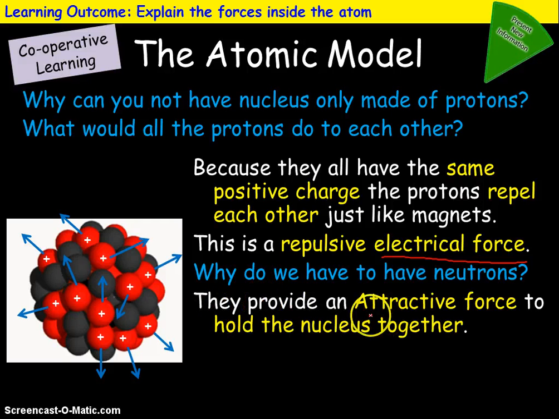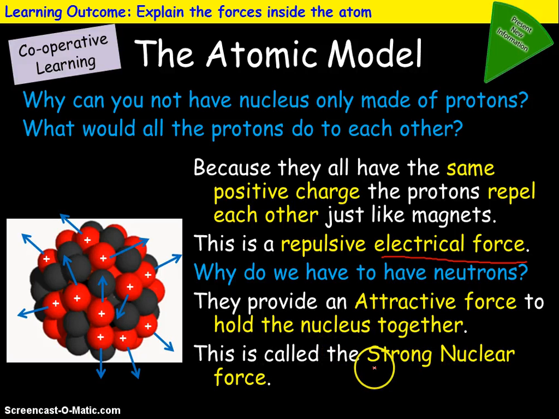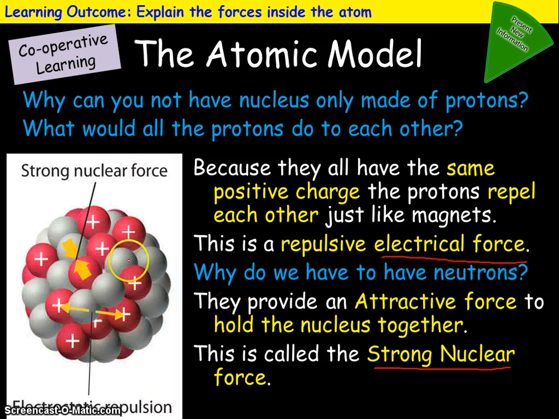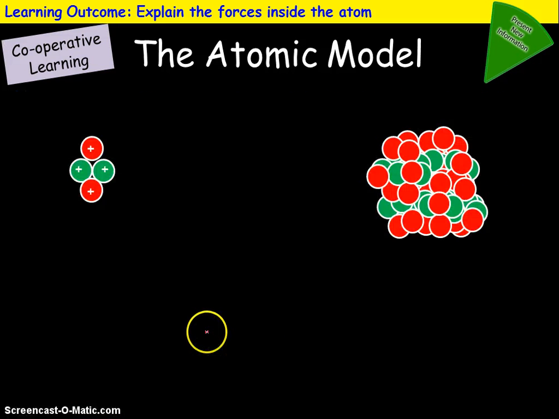So they produce an attractive nuclear force to hold it together, and we call this the strong nuclear force. So there are 2 forces inside our nucleus: the strong nuclear force, which is attractive and that holds it together, and the electrostatic or electrical repulsive force that makes it want to decay and become unstable.